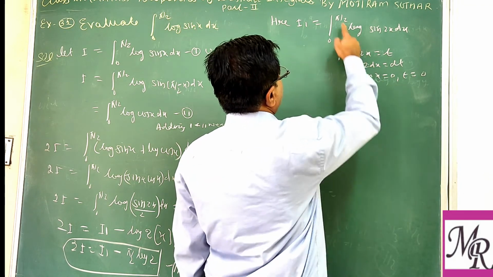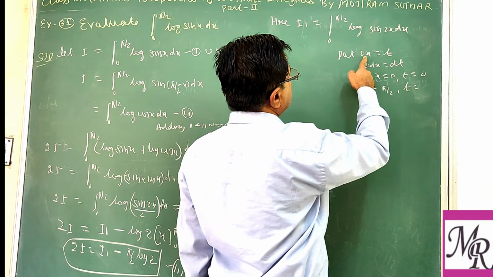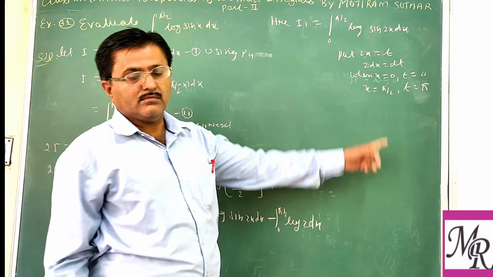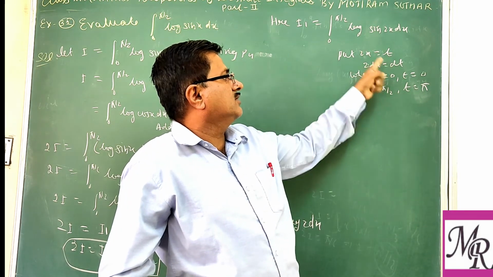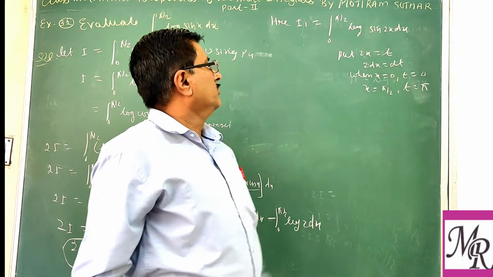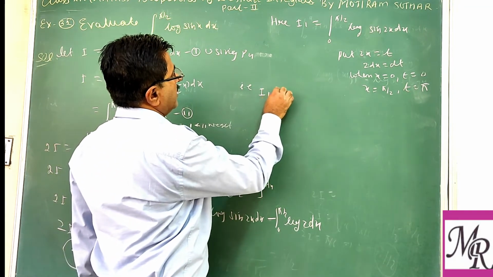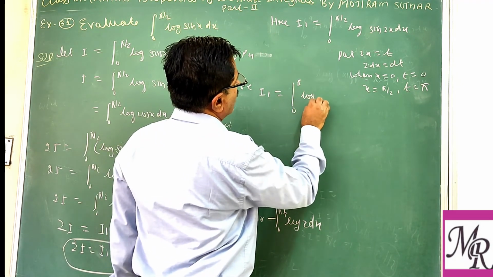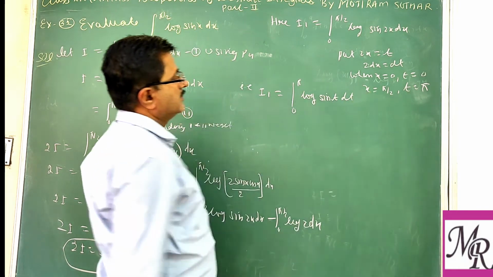When x equal to pi by 2, t equal to pi, since 2 into pi by 2, the 2s cancel. So this is the new limit. So what do we write? I1 equal to integral 0 to pi of log of sin t dt.